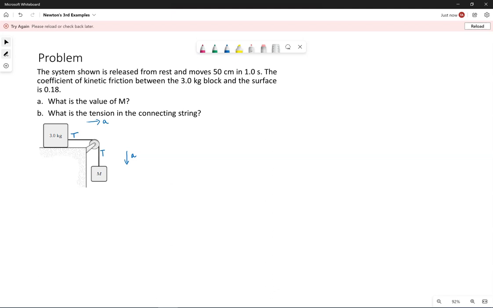All right, so it's telling us it moves 50 centimeters in 1 second. That means the block down here is also moving 50 centimeters in 1 second.